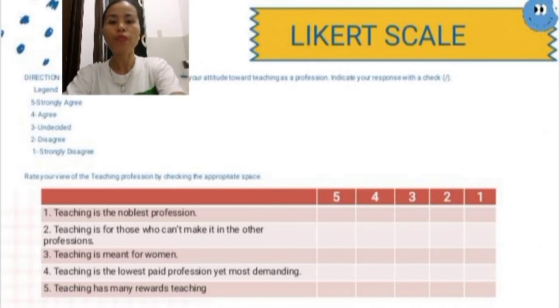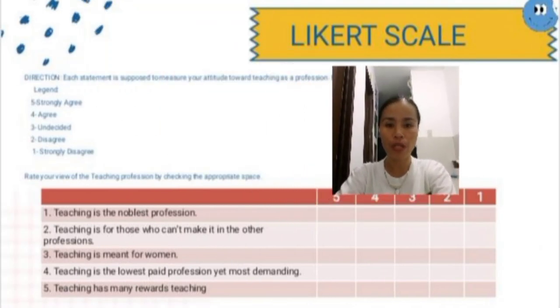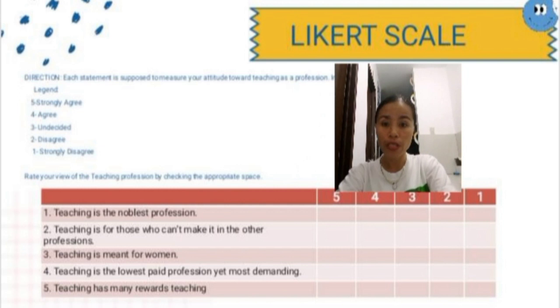So I have here a legend, as what I have mentioned before. First, strongly agree, agree. So here we have 5, 4, 3, 2, 1.